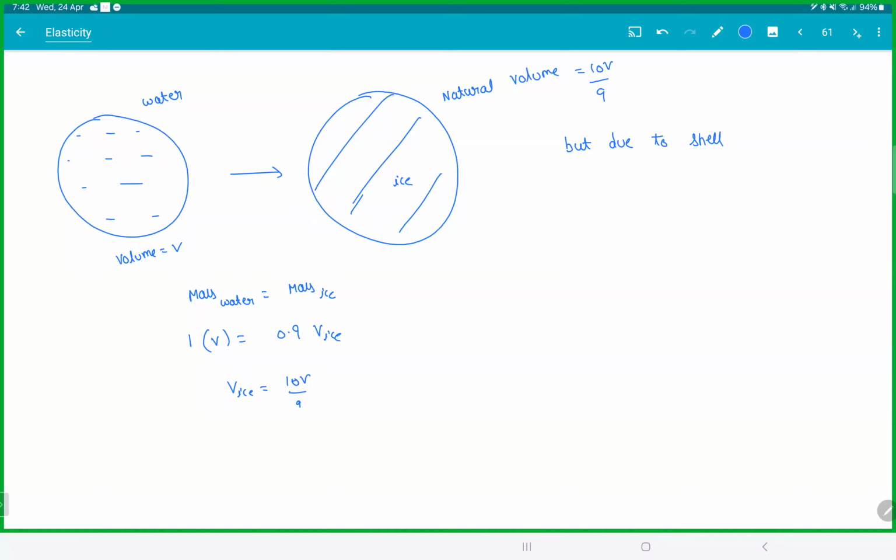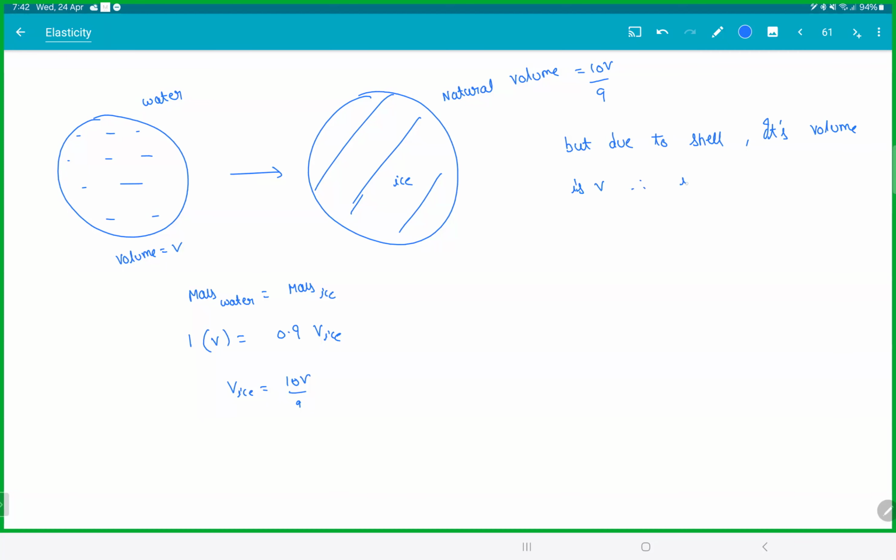But I didn't let you expand. So it's like, let's say your shirt size is M. You eat a lot of food and you become L, but you don't change the shirt. What happens? You feel it is tight. Because your natural volume is not that initial volume anymore. Your natural volume has changed. But due to the shell, it doesn't expand. Due to the shell, its volume is stuck at V only.